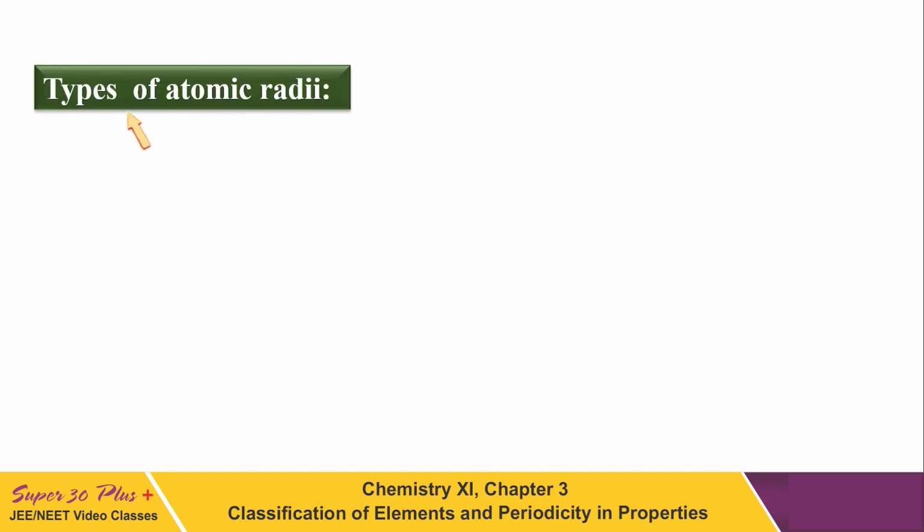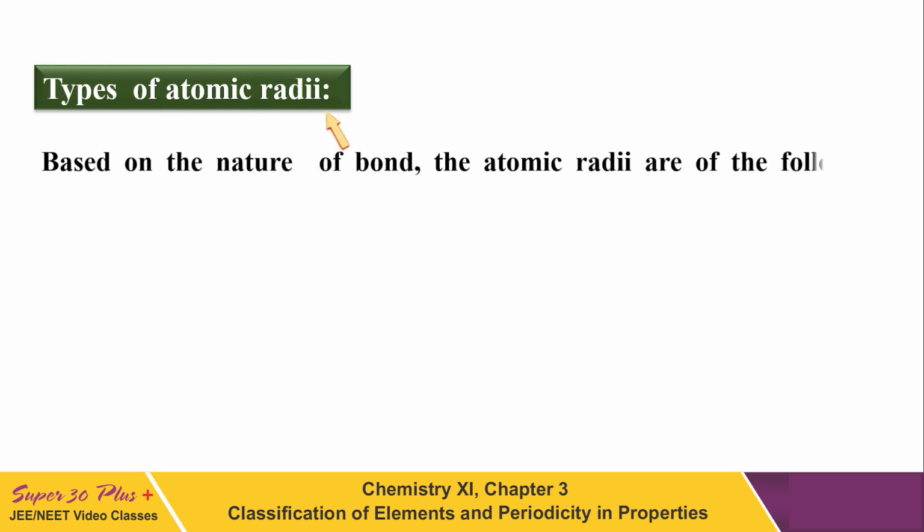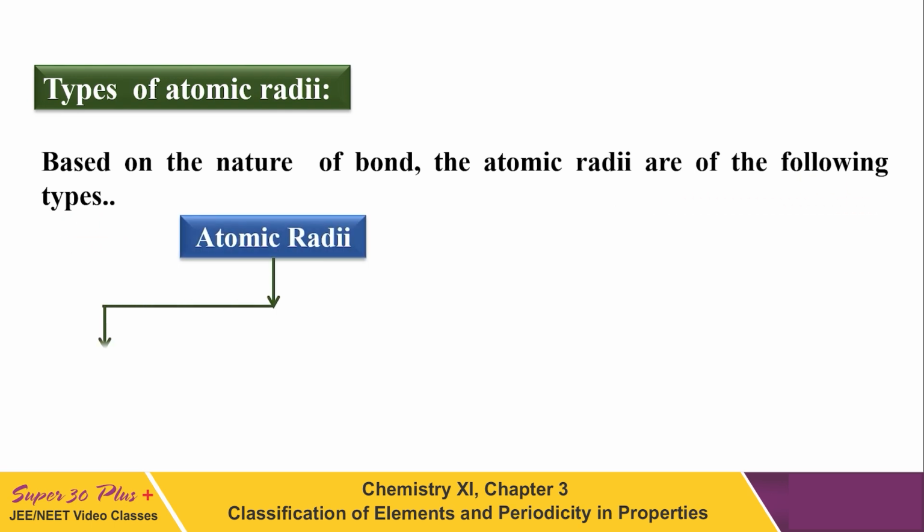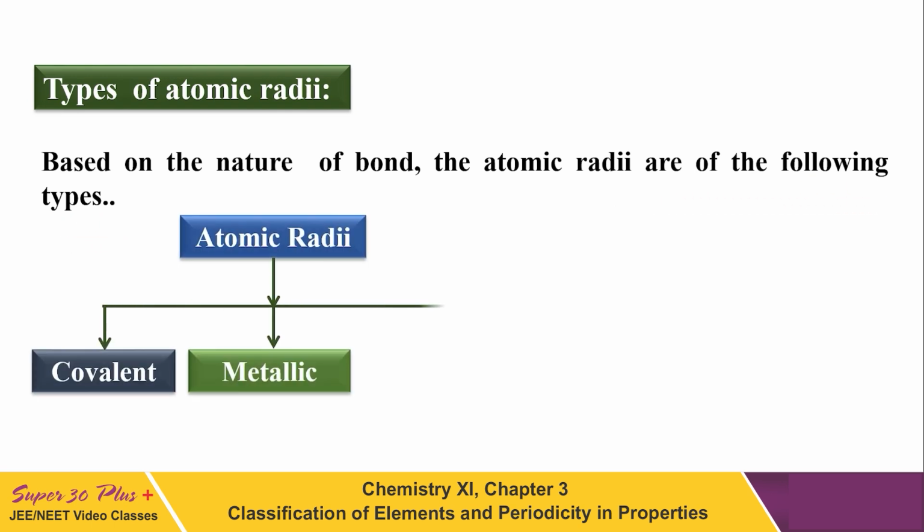So what are the types of atomic radii? How many types of atomic radii are there? Based on the nature of the bond, atomic radius is of the following types: covalent radius, metallic radius, and van der Waals radius. What is covalent radius?